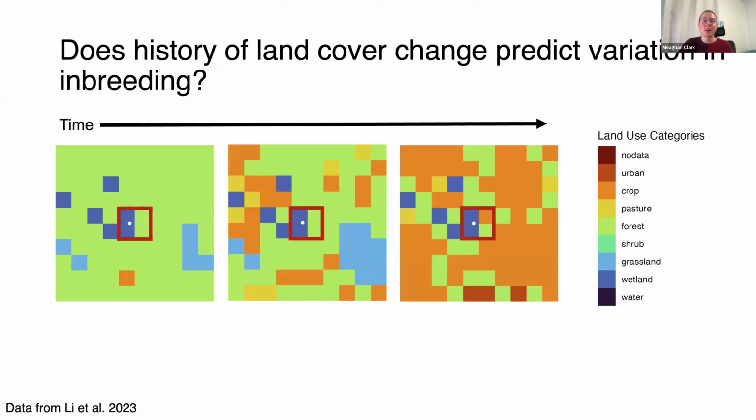So because we see this variation in inbreeding across populations, we can then ask if the history of land cover change predicts this variation. To summarize the often messy and complicated temporal history of land use change over the past few hundred years, I isolated a 2 by 2 kilometer area around each sampling site and calculated the average proportion of anthropogenic land use from each year from 1630 to 2020.